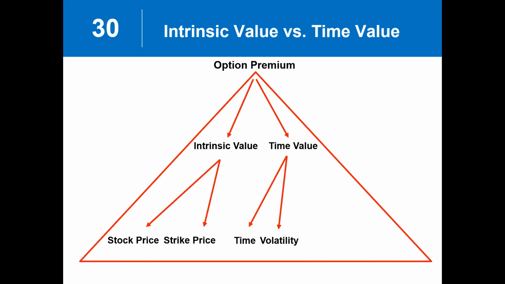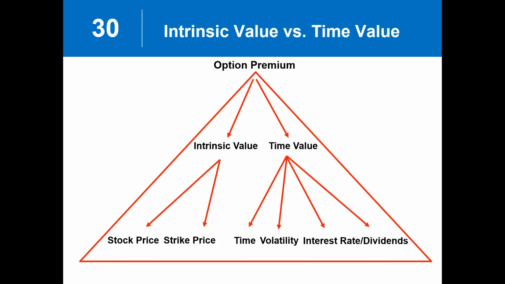But volatility, the amount of movement in that underlying, certainly will go a long way in defining how high or low that option premium is, the value of time. Other pricing factors that get thrown into the pricing models are interest rates and dividends, if a company pays them.